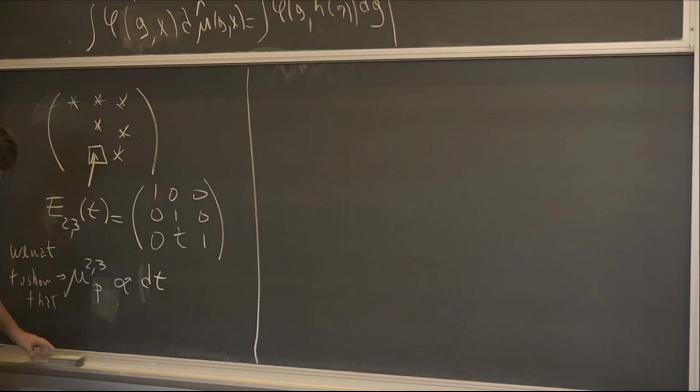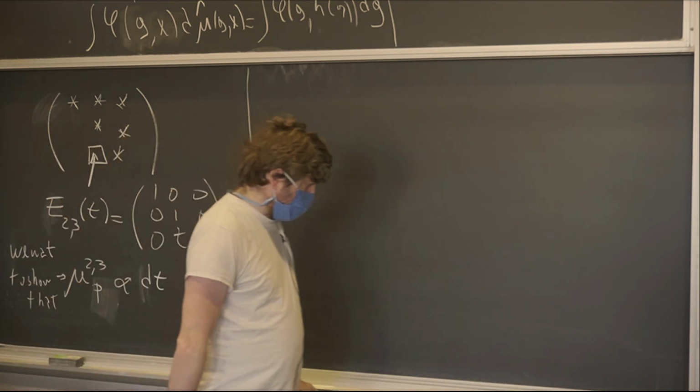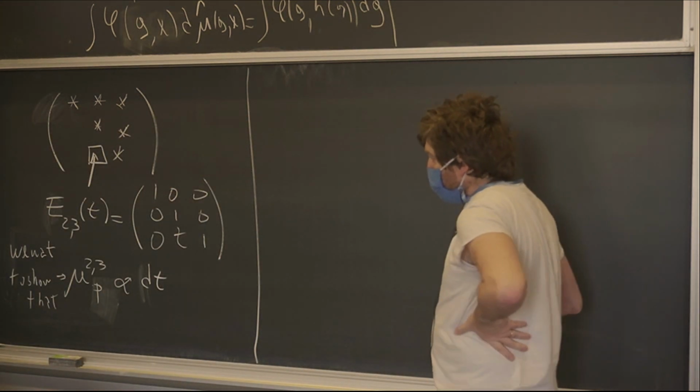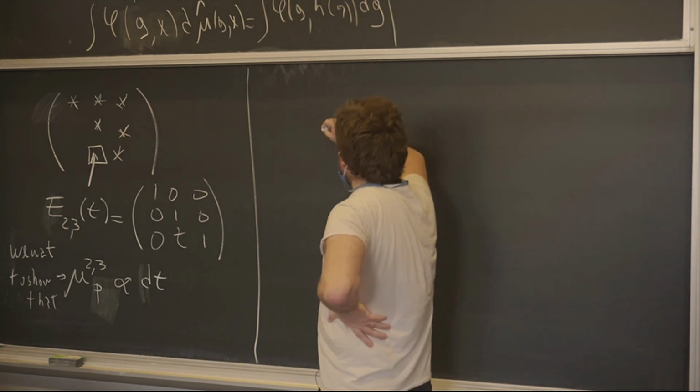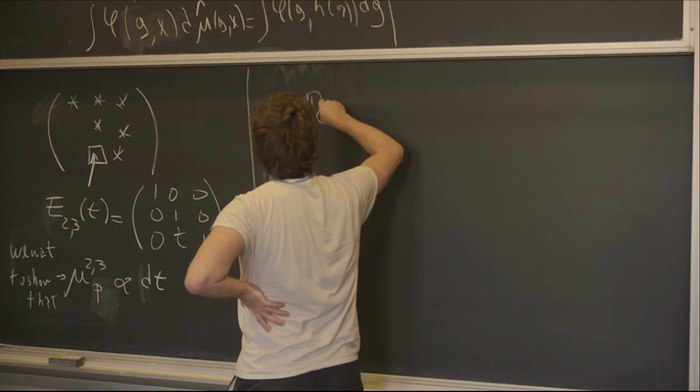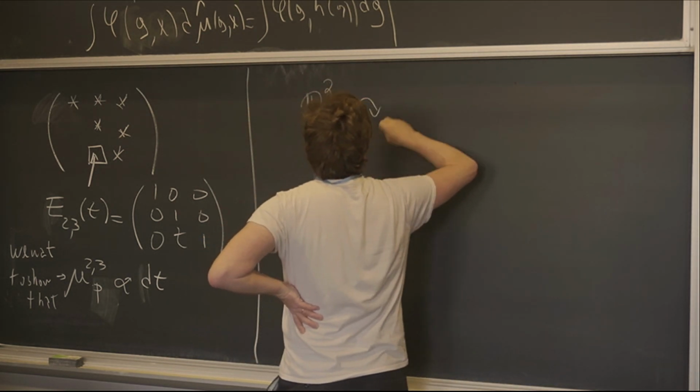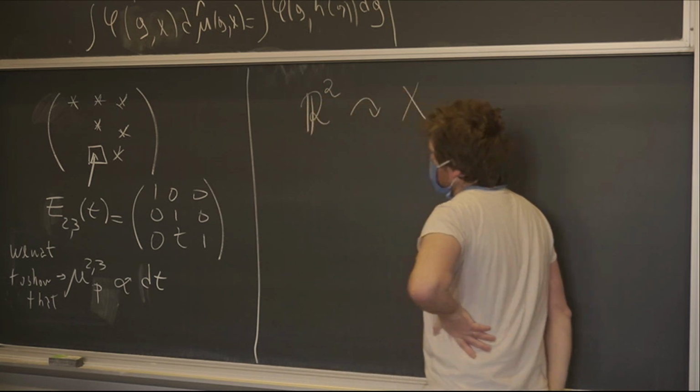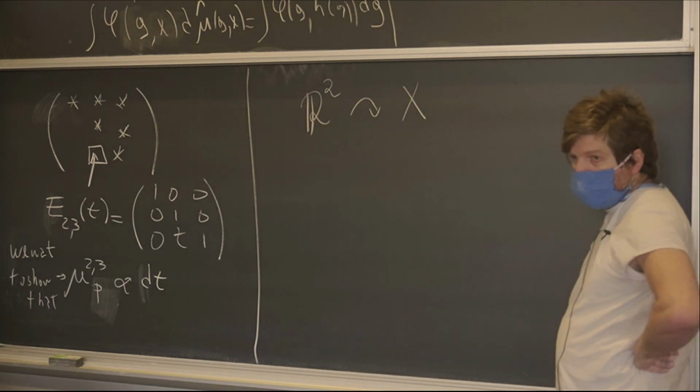And since I'm saying I'm going to fail, I want to see what I get after the failure and what I can do about it. So let's see what I get. So I put the machinery. We have our R2 action on X, which is not this guy.